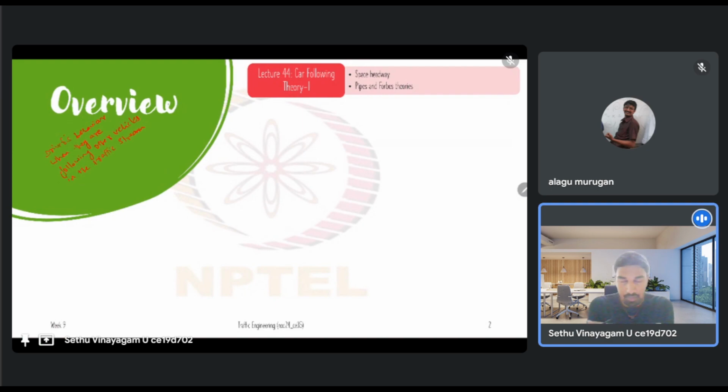So when people are driving, because of the presence of other vehicles sharing the same road space, there is interaction between these vehicles, and that affects the driver's response, right?